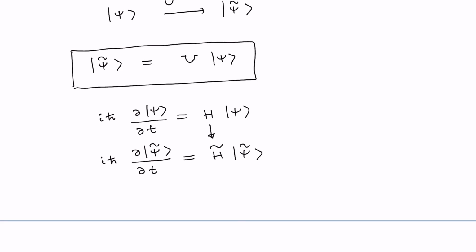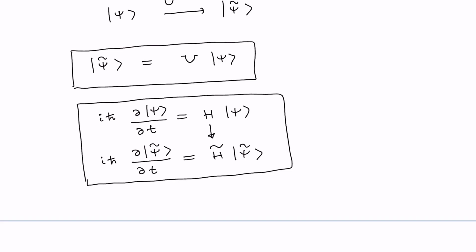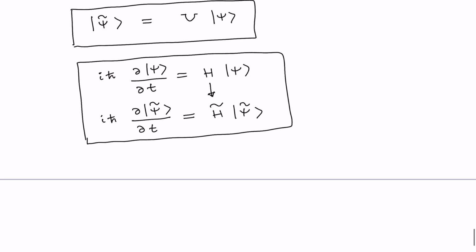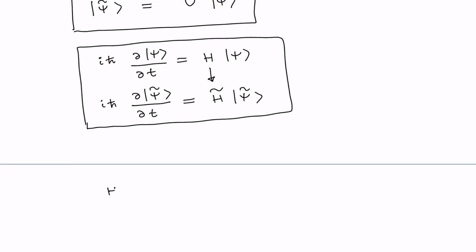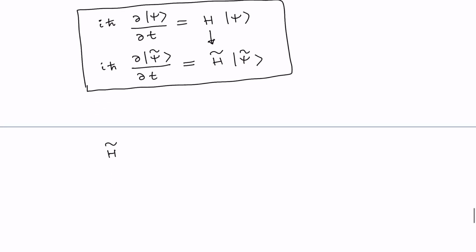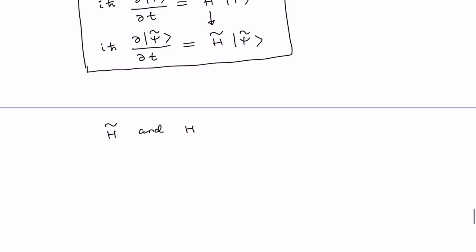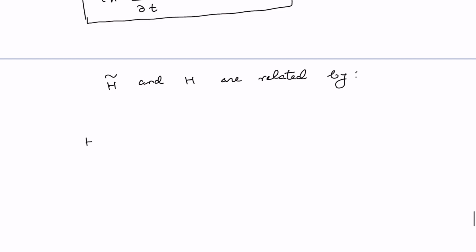These equations have to be obeyed, and it is easy to show that H tilde, the new Hamiltonian, and H are connected and related. Let me leave it as a problem for you. You can show that H and H tilde are related by this particular expression.